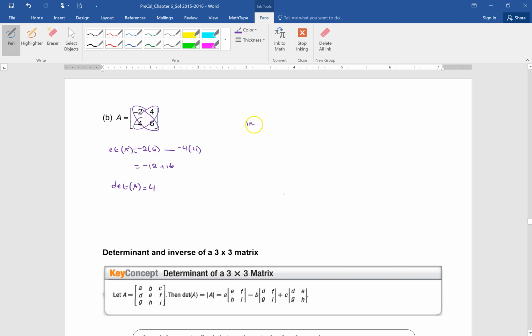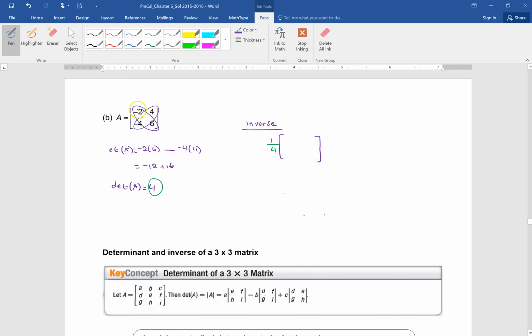To find the inverse, you take 1 over the determinant, 1 over that one. Why? Because that's what some math person said. Times this: the main diagonal switches places.